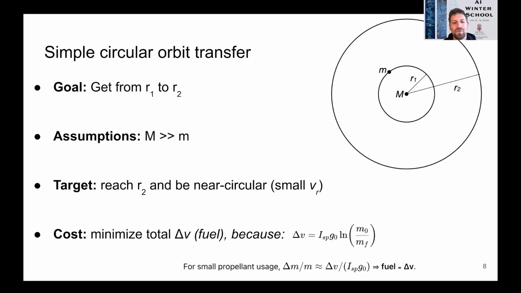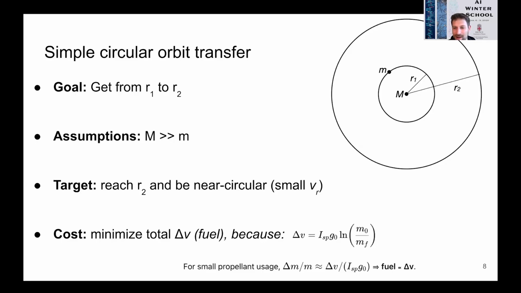And you may recall that for small burns of your spacecraft in this transfer scenario, fuel is proportional to delta V, so change in velocity. So throughout the rest of the talk, we're not going to be talking about fuel. We'll be talking about the total delta V, the cumulative delta V we do during the orbit transfer. And we want to minimize that because that is a proxy directly proportional to our fuel.